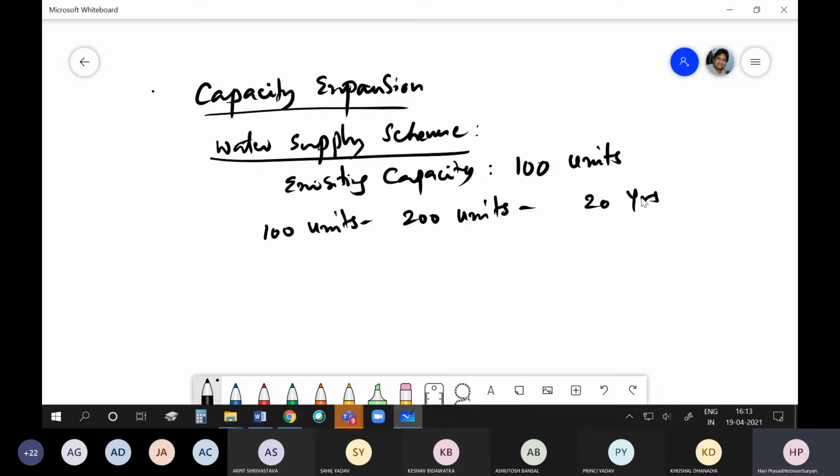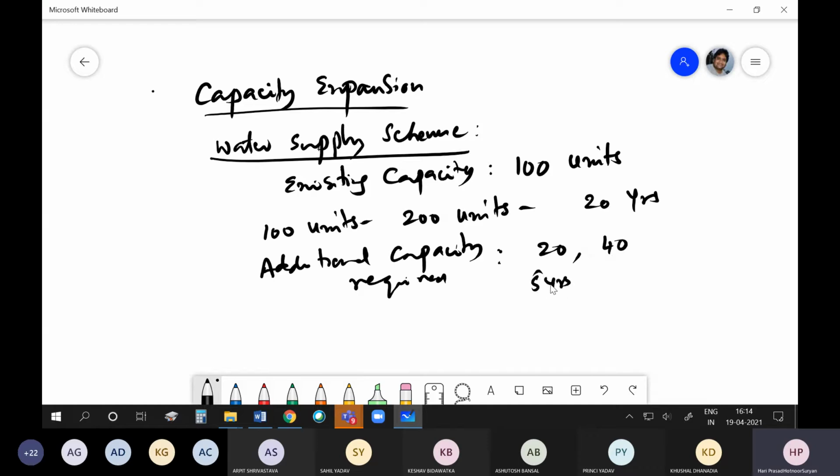The additional capacity required at each of the 5 years is 20 at the end of 5 years, 40 at the end of 10 years, 60 at the end of 15 years, and another 100 when I reach the 20 years.